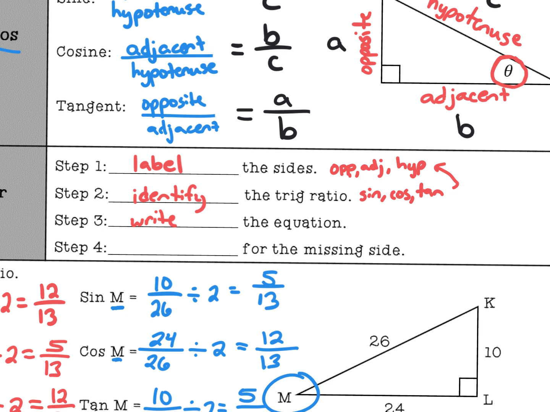The equation is going to be in the form of trig, whatever trig you pick, of the angle, and for the angle I'm going to represent that as theta, equals the ratio. Then step 4 is just to solve the equation. And spoiler alert, you are going to use cross multiplication.